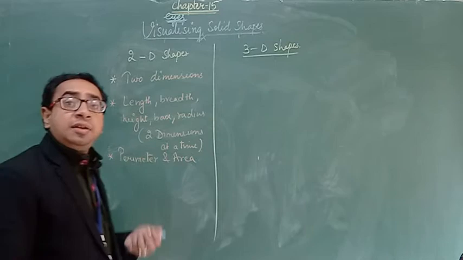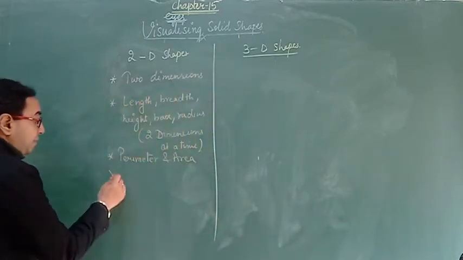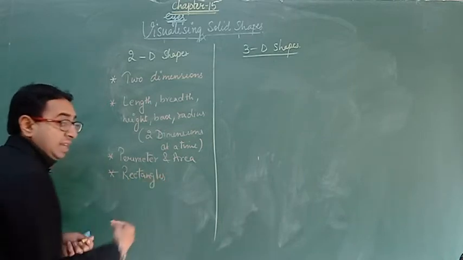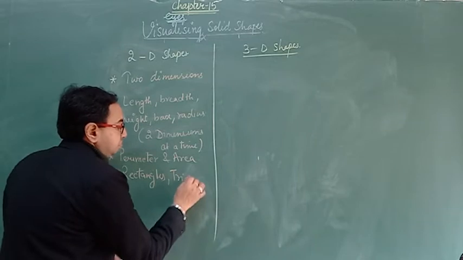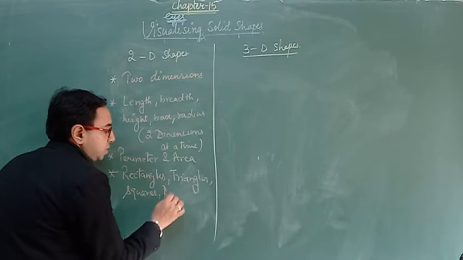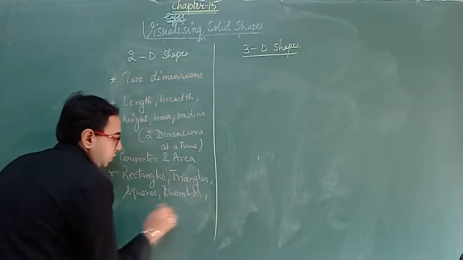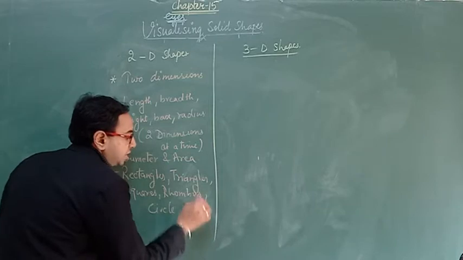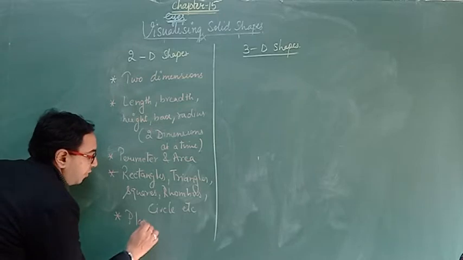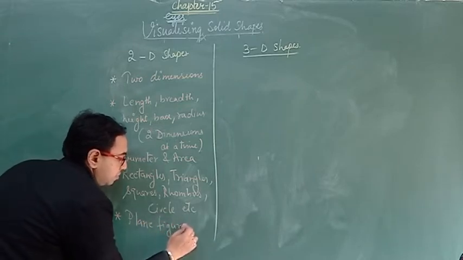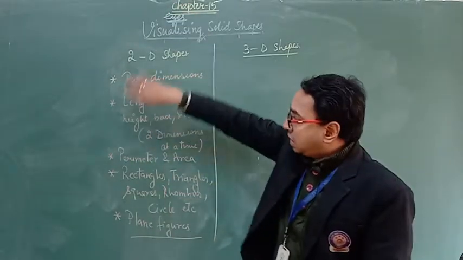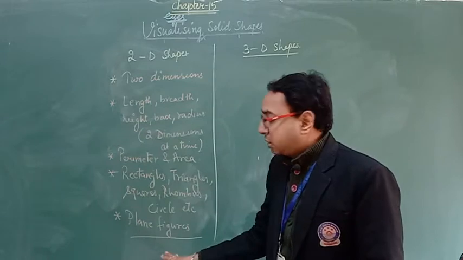Next, examples of 2D shapes are rectangles, the class of quadrilaterals, triangles, square, rhombus, circle, etc. Next, they are known as plane figures. Very, very important point. Why? Because the surfaces look like a plane, hence we call them plane figures.